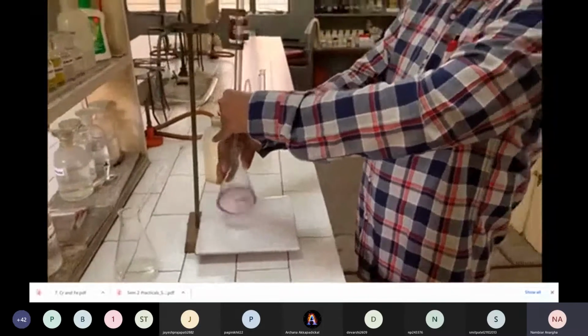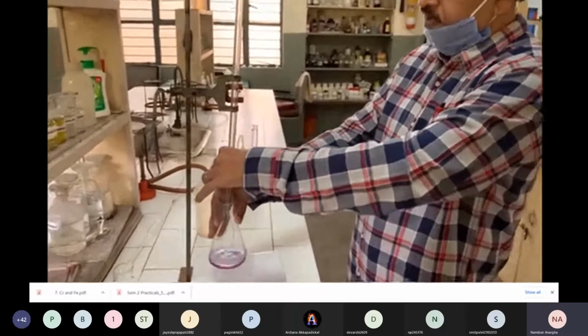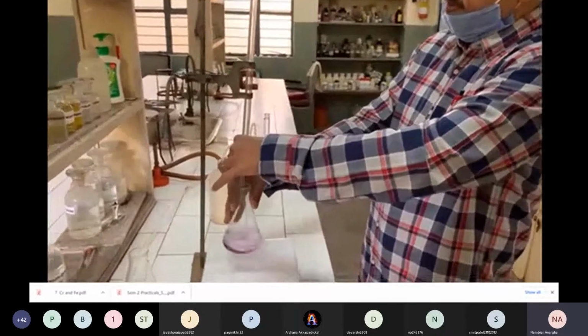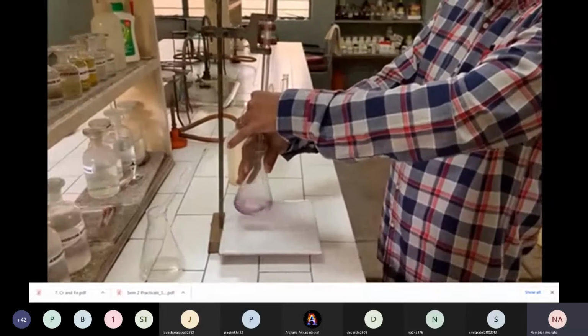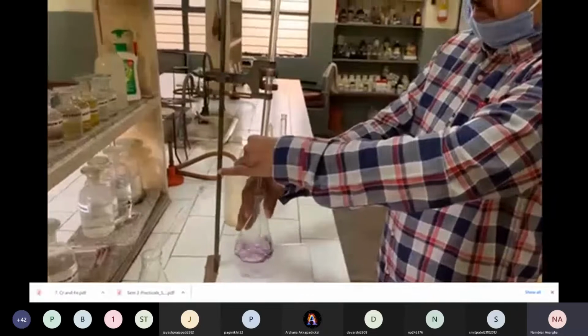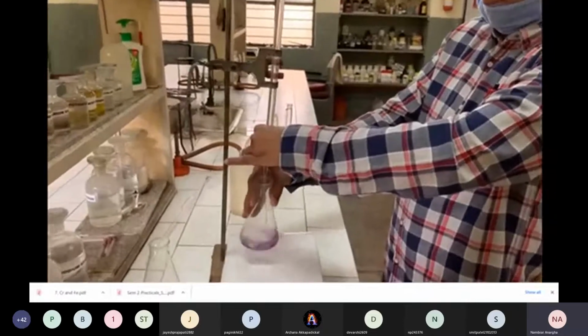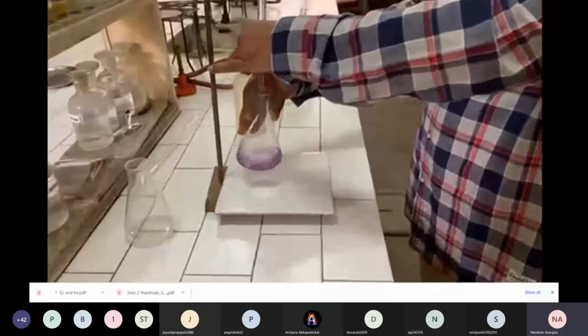Slowly, you can use your left hand for rotating this knob and your right hand for continuously shaking. You need to swirl the solution around. Okay, and you can see that the solution color is wine red. It should change to blue near the end point.